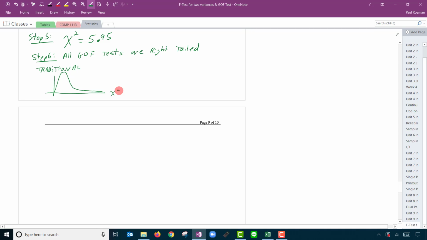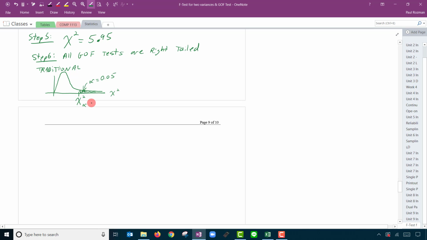My axis is the chi-square axis, and I'm looking for a critical value where the area is alpha. So we're looking for chi-square subscript alpha.